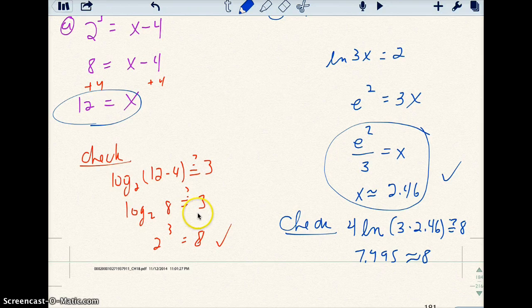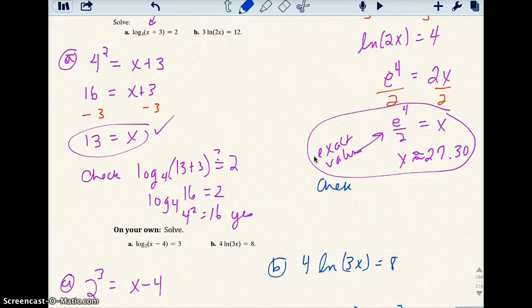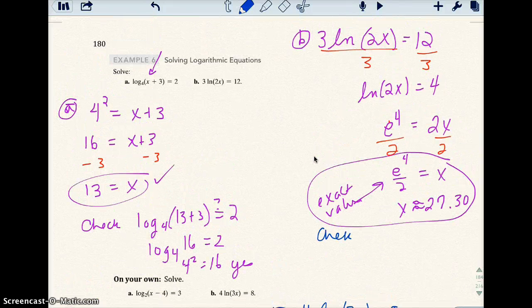Here I use the definition because it's with base 2. With base 10, I just type it in my calculator. Here, natural log, my calculator would do that. So I'll go back to the last example. If I check this, I would show 3 natural log of 2 times 27.30 equals 12.